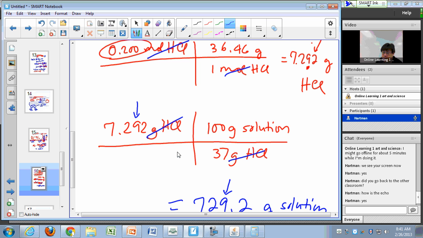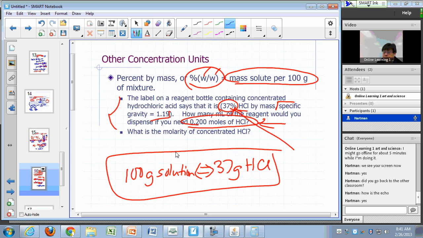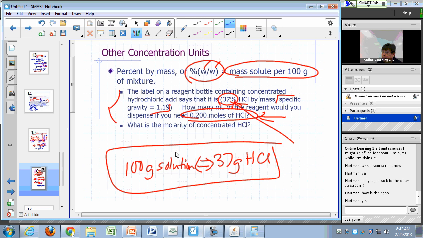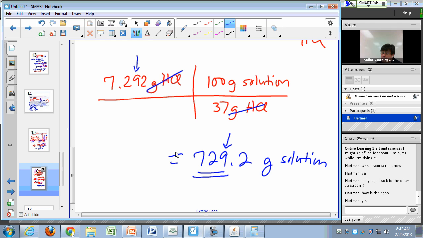All right. So what do I do next? I can go to the balance, weigh out 729 grams of solution. I can get a big beaker, put 729 grams of HCl in that beaker.